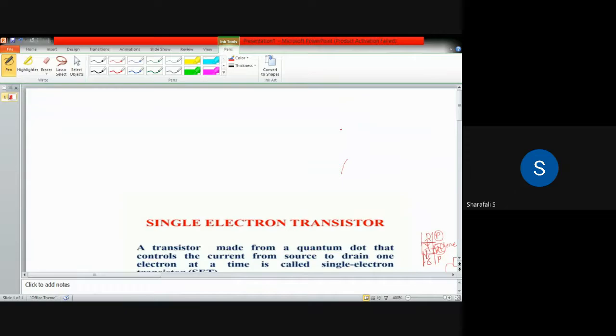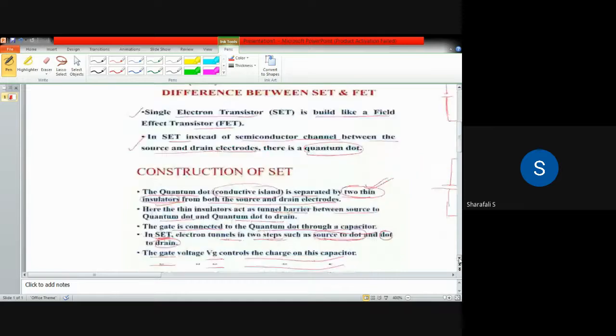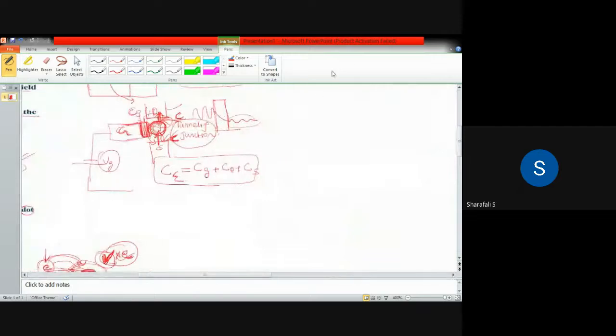First of all, it is very important to develop technologies for forming nanoscale quantum dots. That is the first thing that we have to consider when making a single electron transistor. First of all, we have to make the quantum dots, so we need technologies to make such quantum dots. It is very expensive.